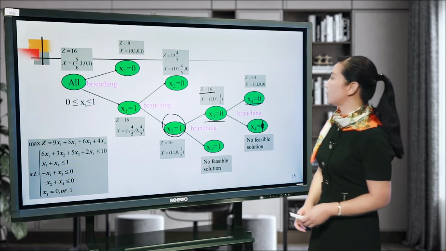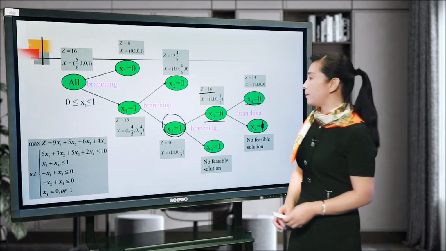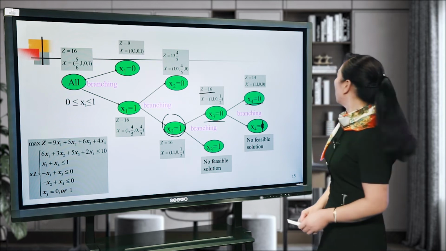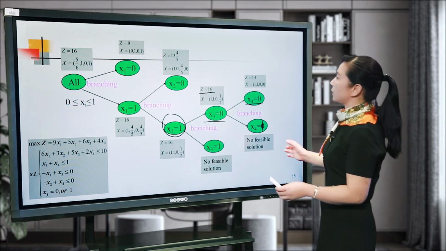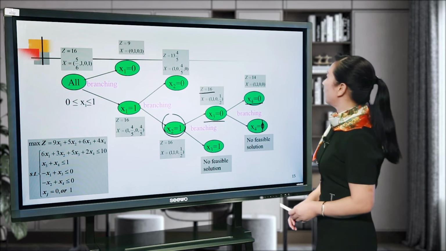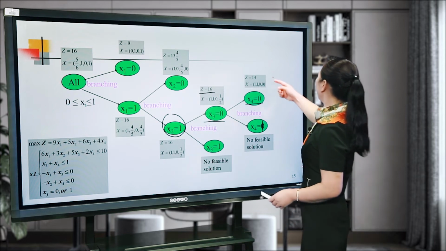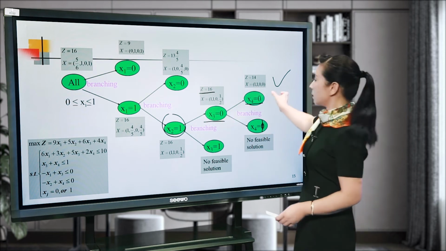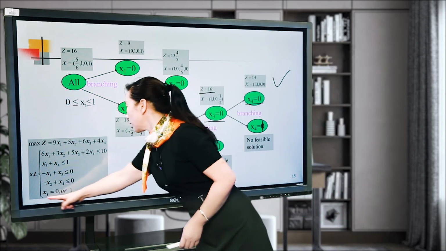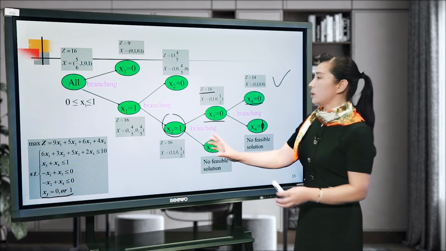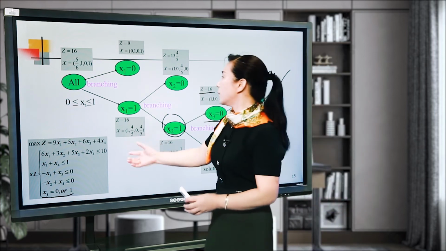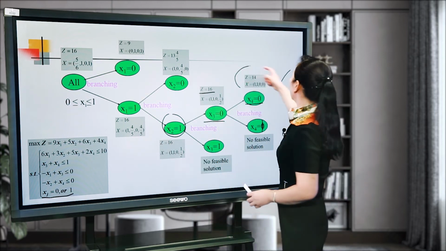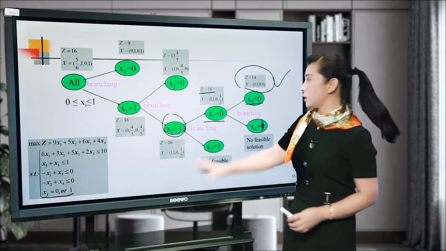So we have finished the solution of the BIP problem, and from this graphic we get this is the maximum, and the solution is binary. So this solution meets the requirements of this model. So we get this is the optimum solution of this model.